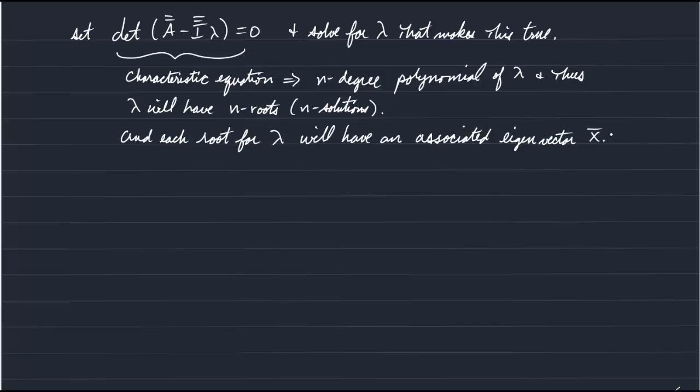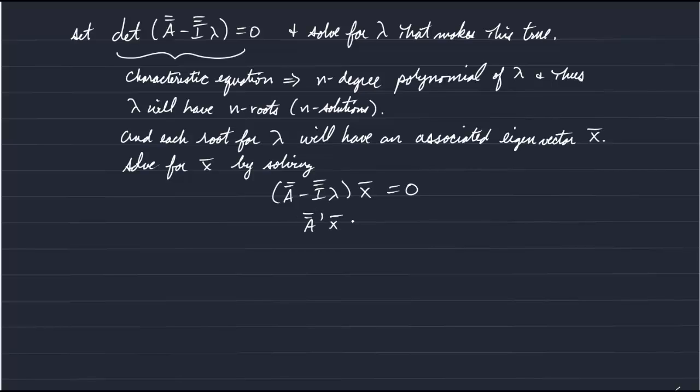So once we've solved for our n roots of lambda, our eigenvalues, we now have to solve for the eigenvectors associated with those eigenvalues. So we solve for x by solving our original equation, well, not our original equation, I guess our modified equation, which was A minus I lambda x is equal to 0, or A prime x is equal to 0.